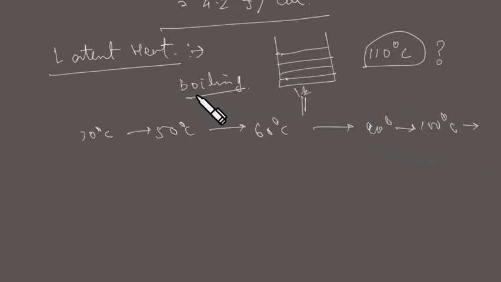What is the meaning of boiling? Boiling is a process in which the whole system of a liquid changes its state from liquid state to the gaseous state without changing the temperature. Remember, at the time of changing the state of a body, the temperature does not change.